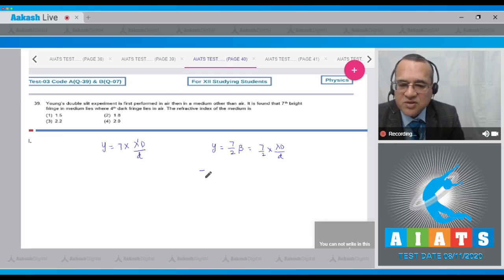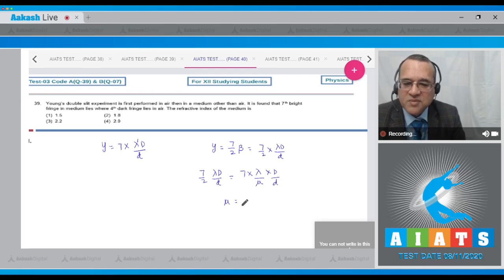Now at the same location, 7 by 2 lambda capital D by small d is equal to 7 times lambda dash, where lambda dash is lambda by mu, into capital D by small d. Solving this, mu comes out equal to 2. And the correct option is option number 4.